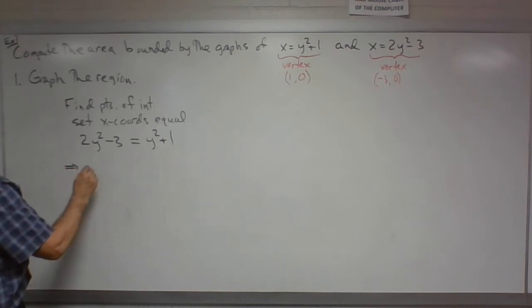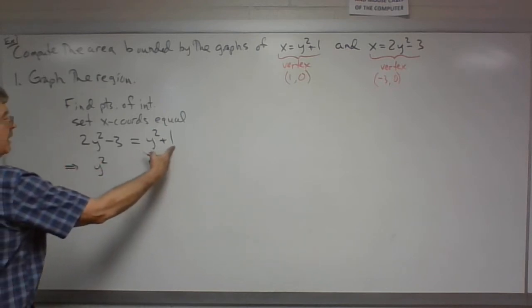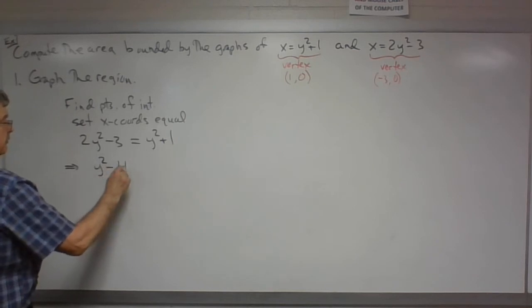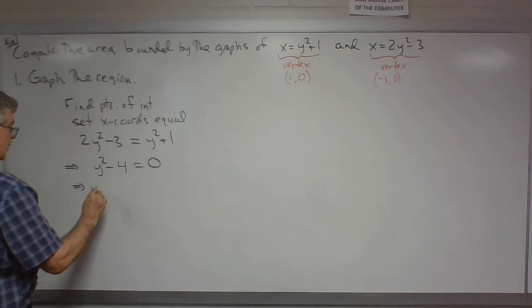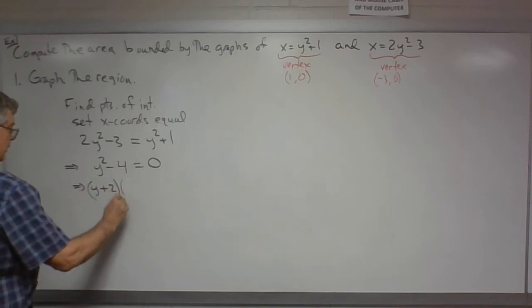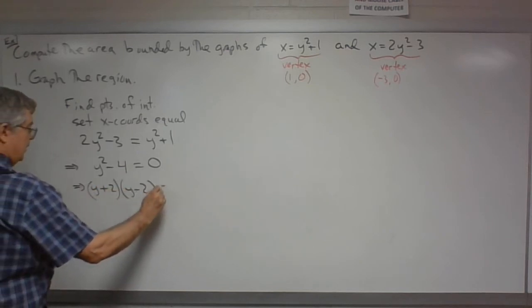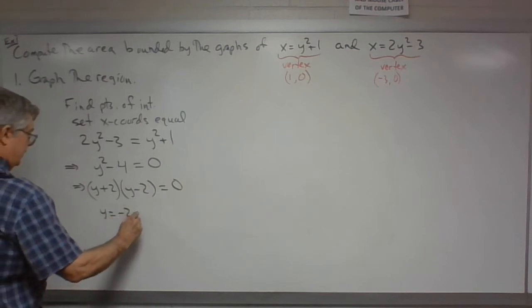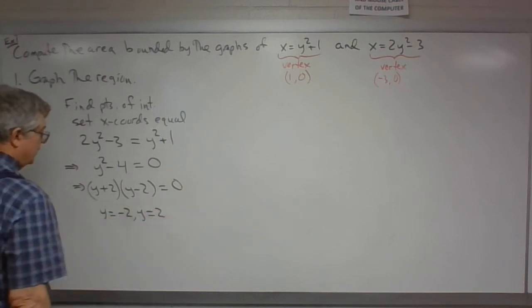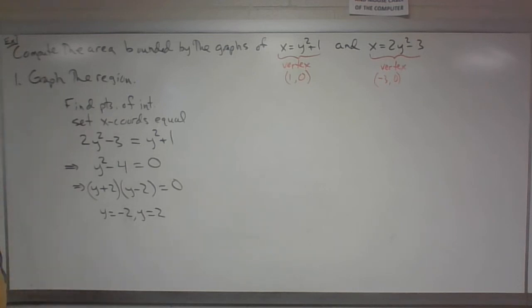I'll subtract y squared from both sides, and I'll add 3 to both sides. Okay, so these things intersect when y equals negative 2 and when y equals 2.